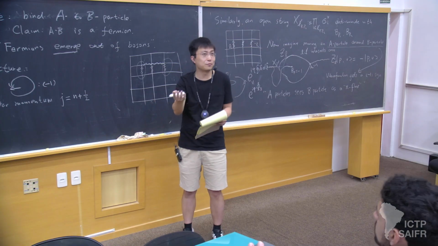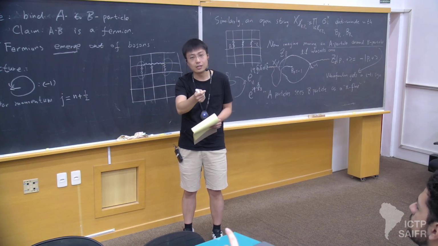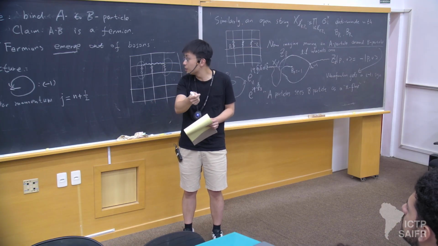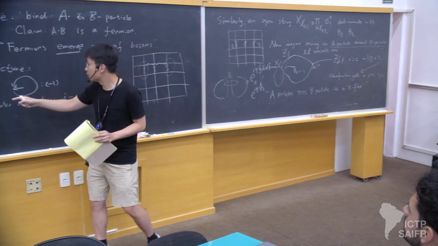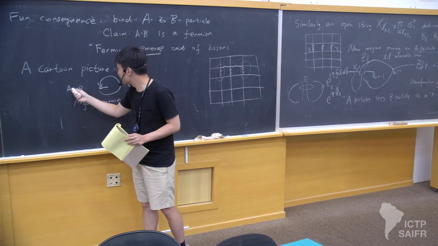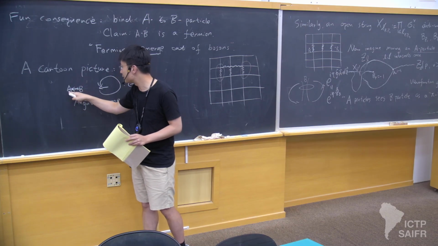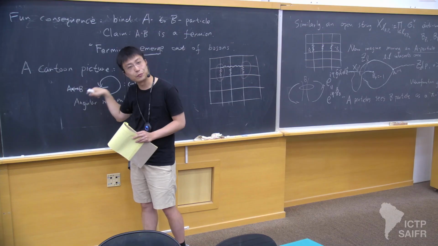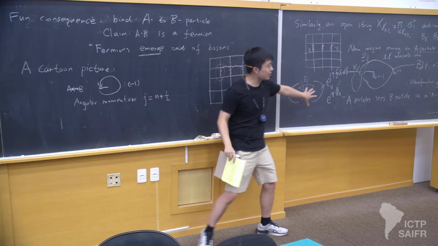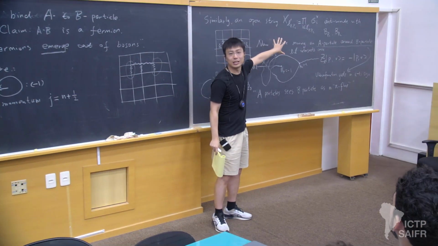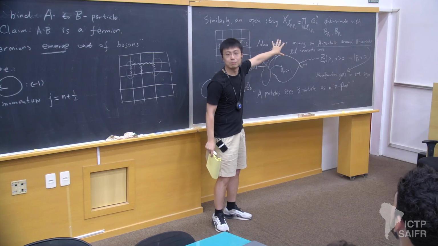Because this arrow means the arrow from B to A. So this arrow rotating by 2 pi just means I'm taking A around B for a full circle. But this story tells me doing that will give me a factor of -1.